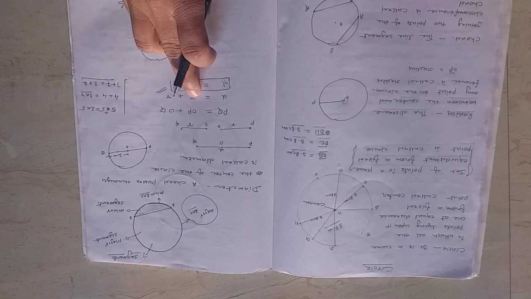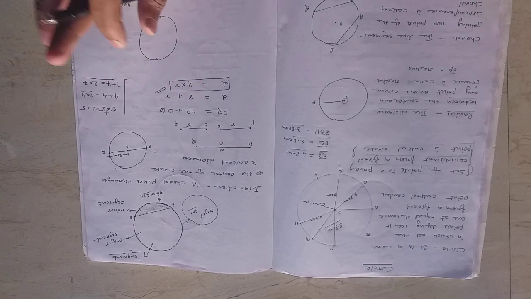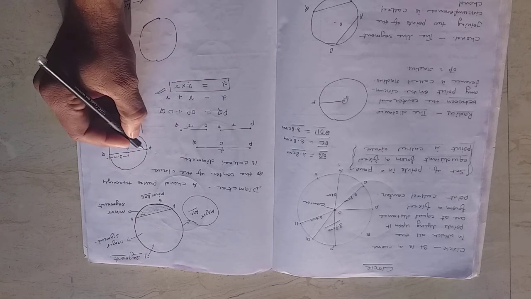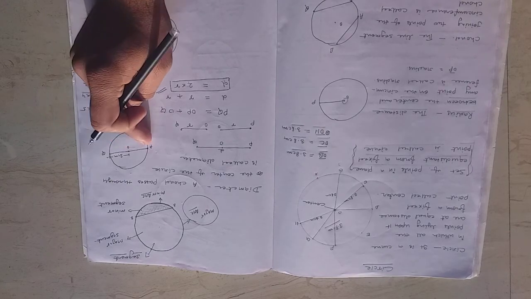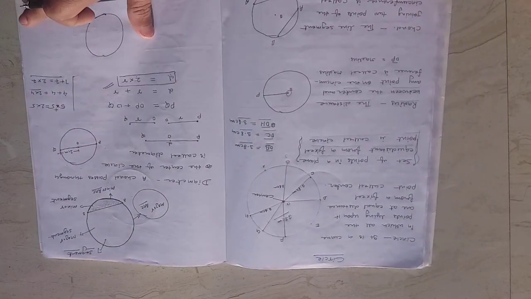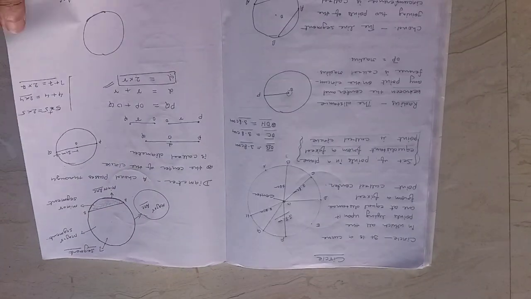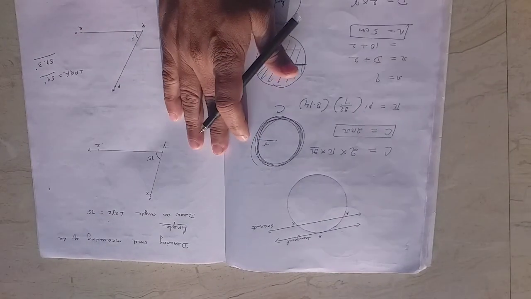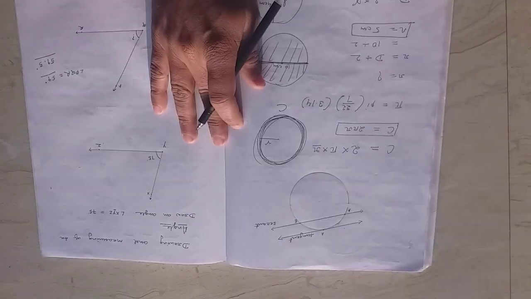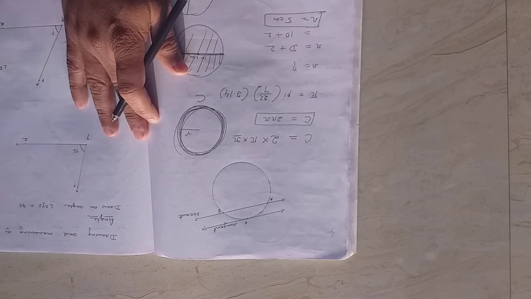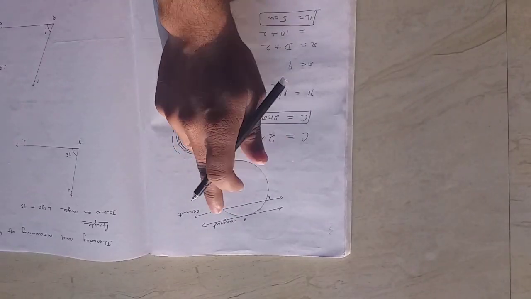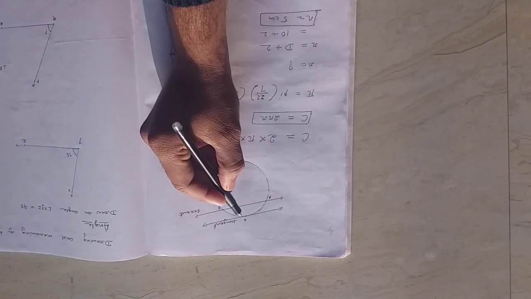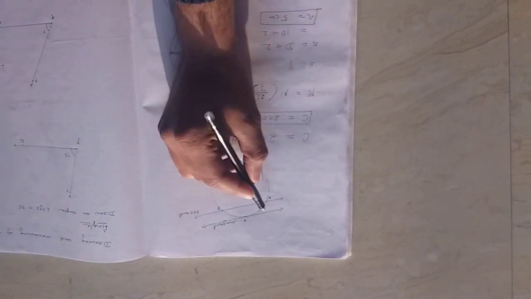In that same way, R plus R has been written as 2 into R. So the diameter, this entire length PQ, is double of OP, that is the radius. So for any circle, the radius is half of the diameter, and the diameter is double of the radius.